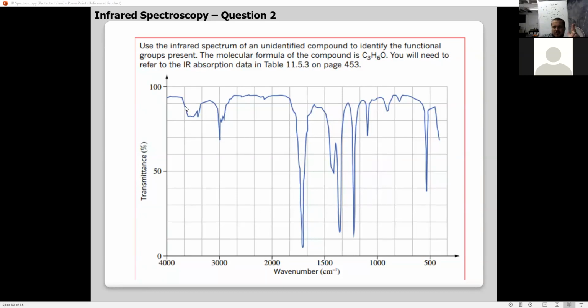If it was an alcohol, we would see a big dip here. So it's not an alcohol. So it's either an aldehyde or a ketone, because we can see the big carbon to oxygen double bond bang in the middle. But what we have here is our carbon to hydrogen stretch that we have in our aldehydes.